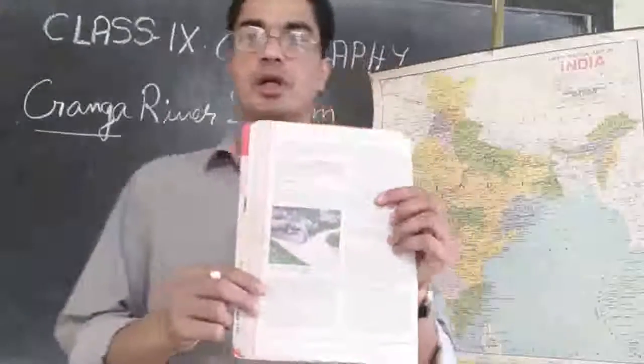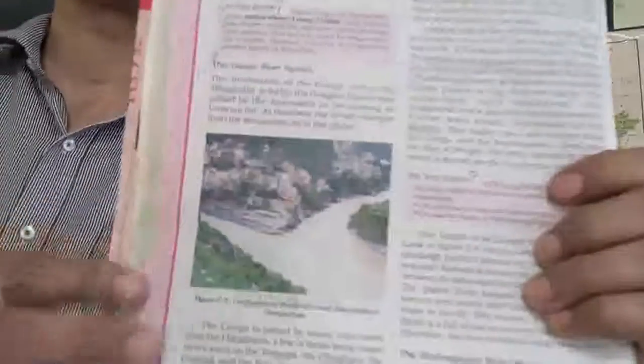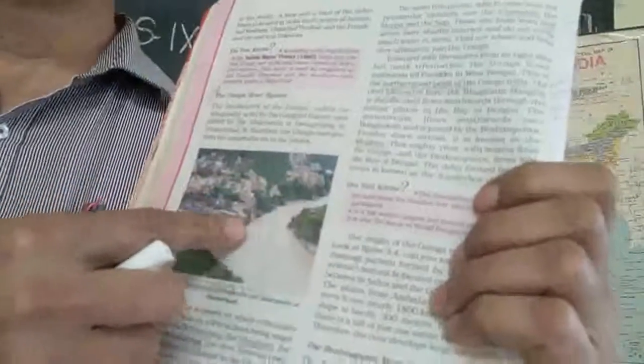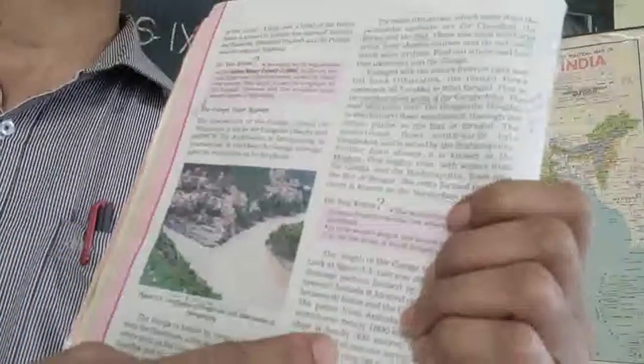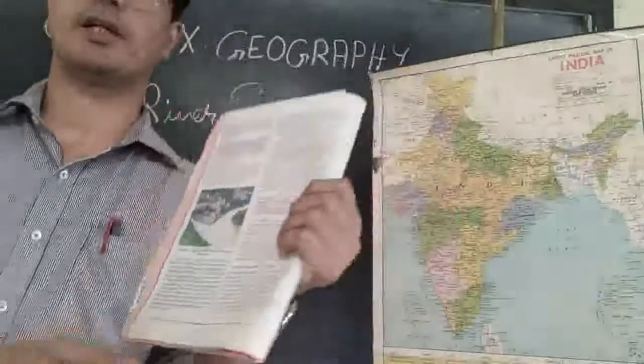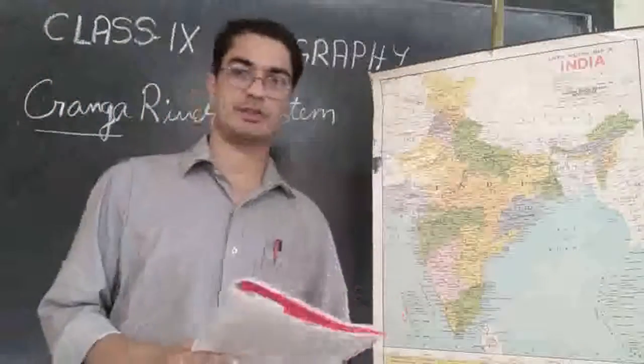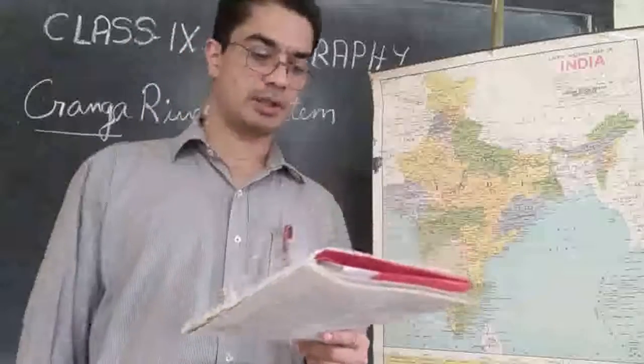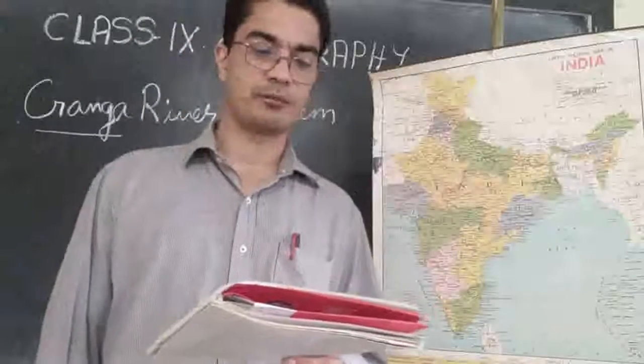You can see in your picture also, two rivers are coming, one coming from here, another one coming from here, and then they join together and flow down. So that is the two rivers join together at Devprayag and form this river Ganga.